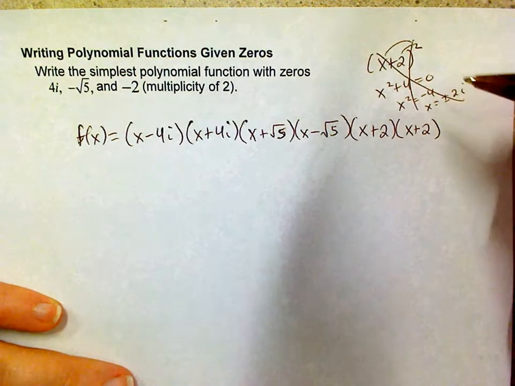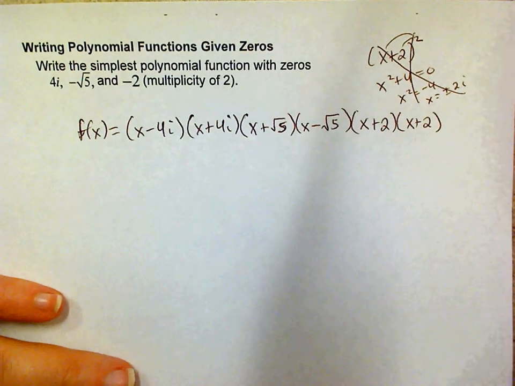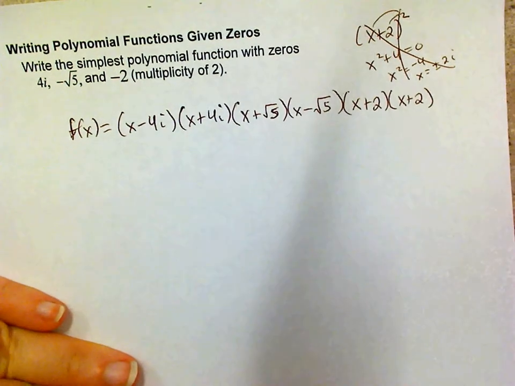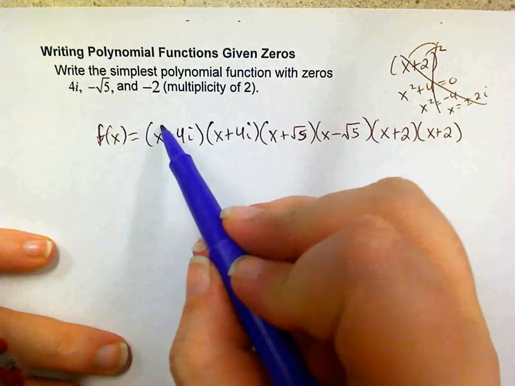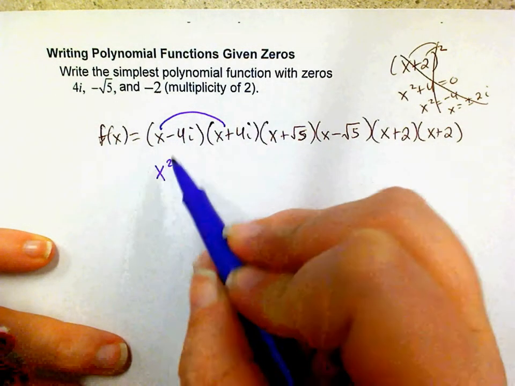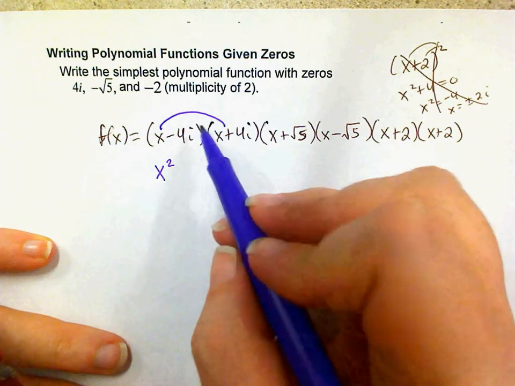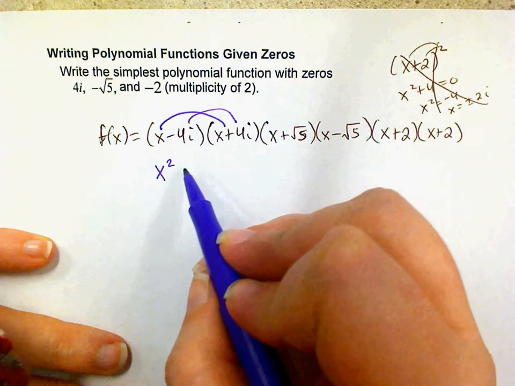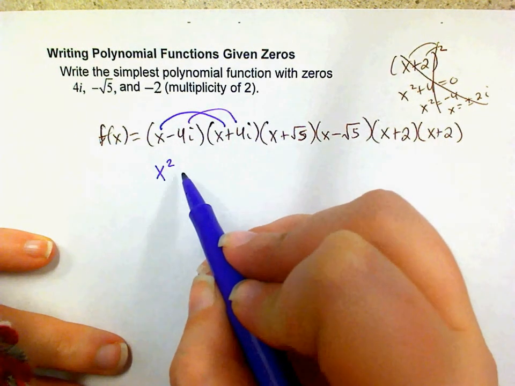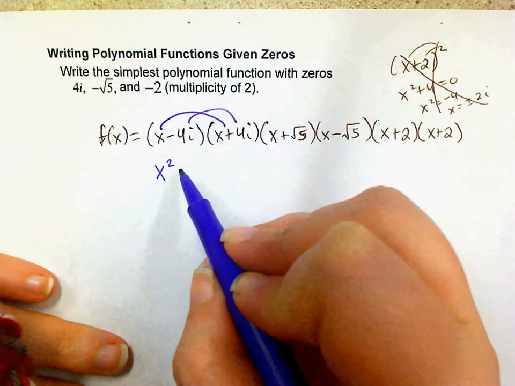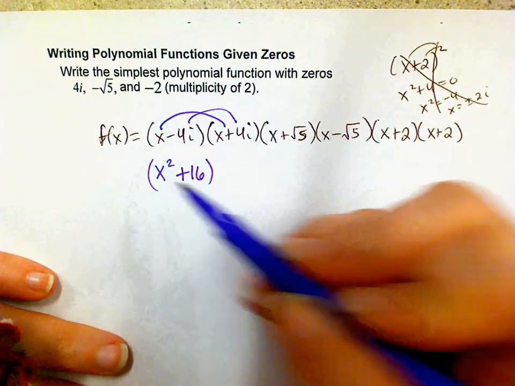Okay. So I'm going to multiply these two out, they're conjugate pairs, so I think x squared plus 4ix minus 4ix cancels out, so I've got a negative 4i times a positive 4i, which is a negative 16i squared, and a negative 16i squared is a positive 16. I have these two times each other, so x squared.